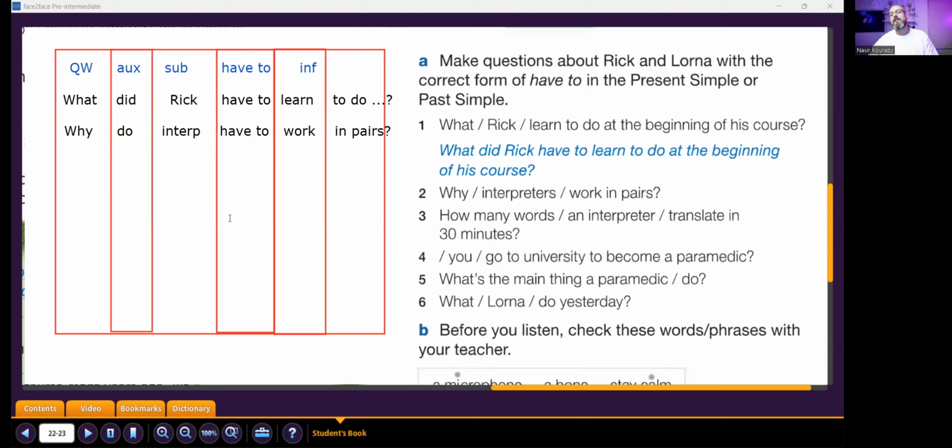So you do the same table on a piece of paper, write the questions. After that, we'll check together. Okay, guys, stop the video and do it, please. Okay, now you finished. Let me show you the answers.